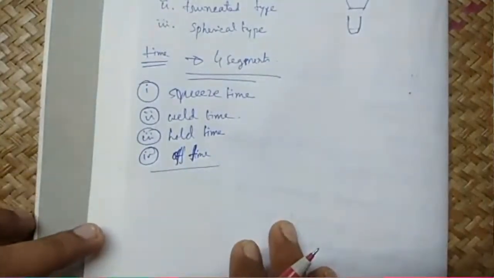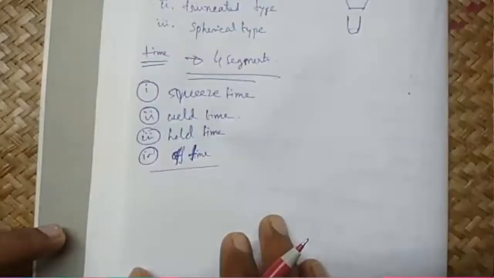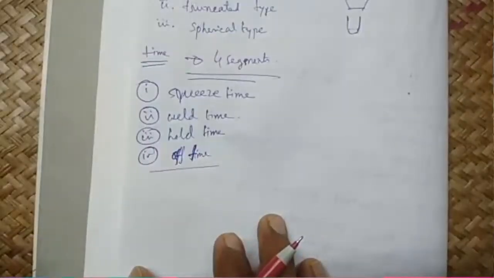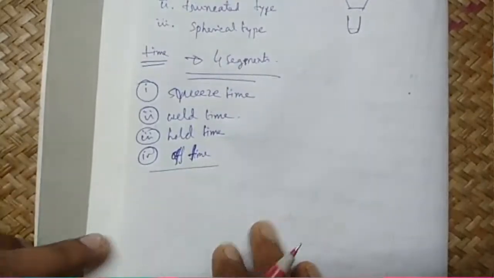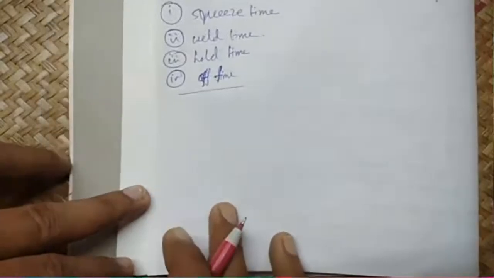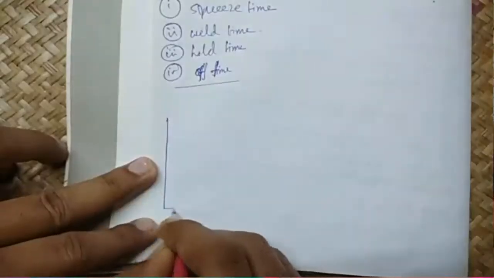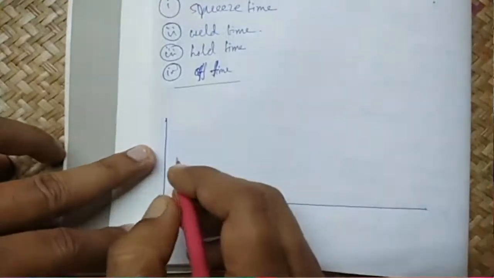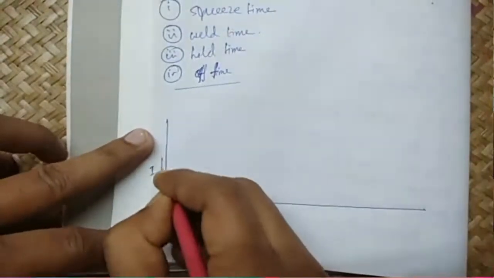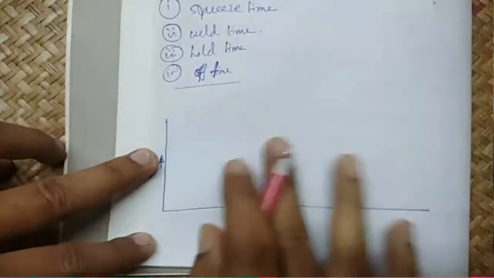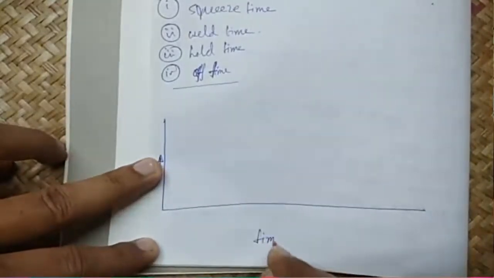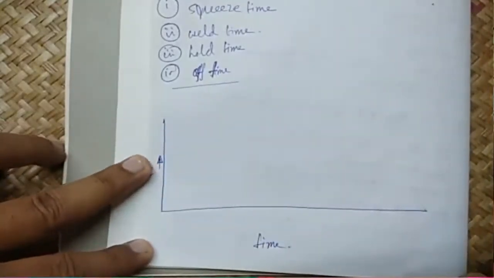Now we'll try to express all these times through a graph. Let us start. Along this axis is current. Along this axis is time.